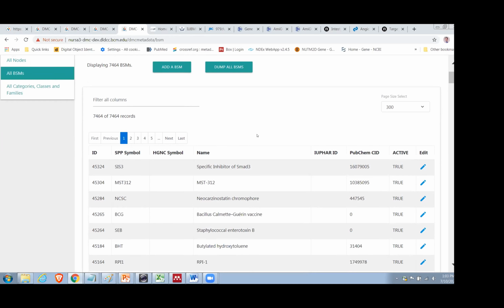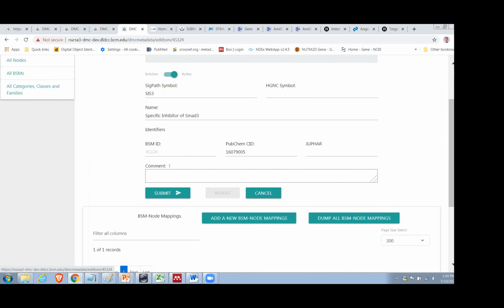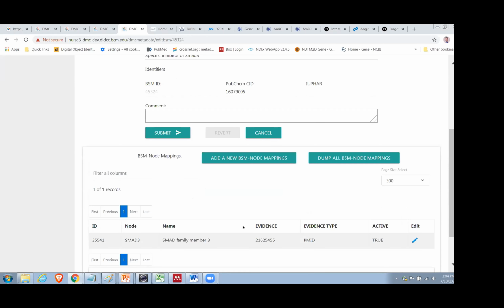These are very important within SPP, because most of the experiments that we have in SPP involve a BSM.